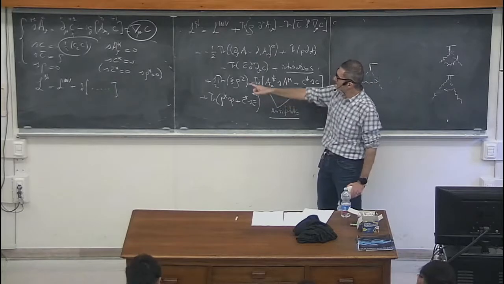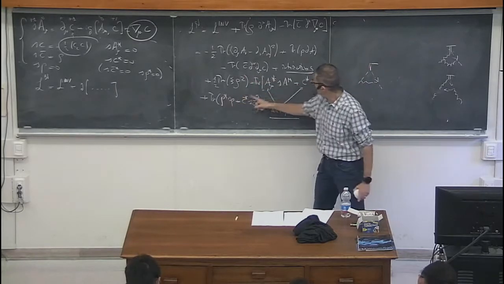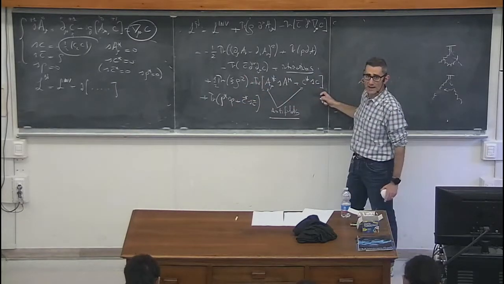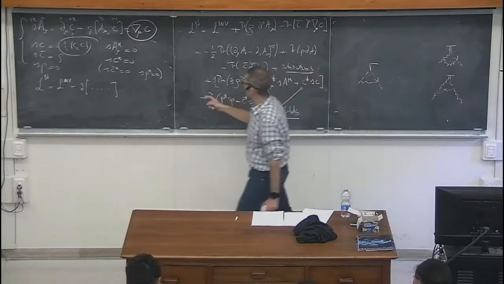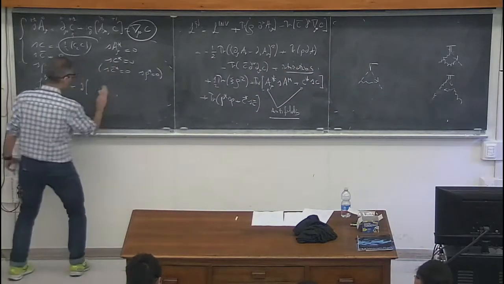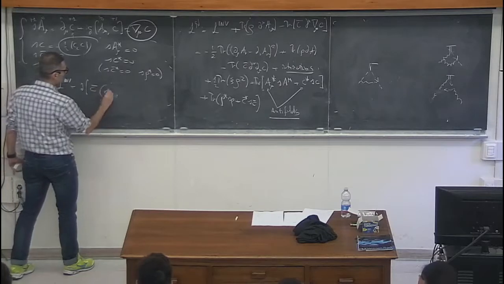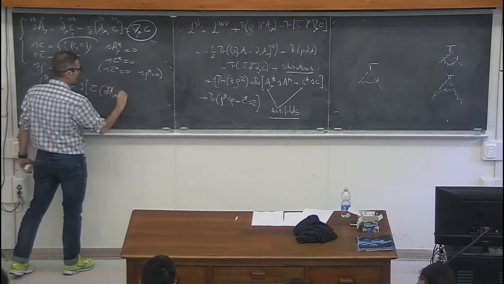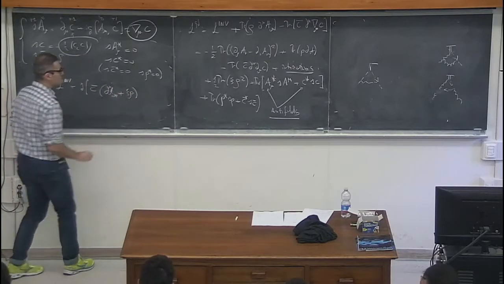Now, if I add this, you see that this piece of the Lagrangian can also be written as S of something, because I can write down these pieces. So this was the gauge fixing, C bar times dA mu plus psi rho. That was the gauge fixing that we had.